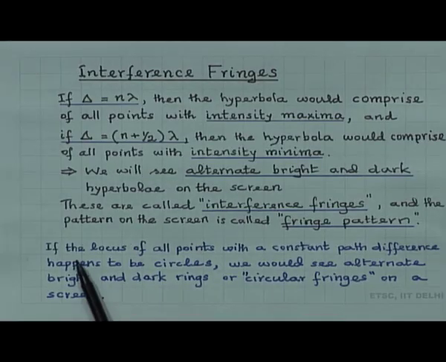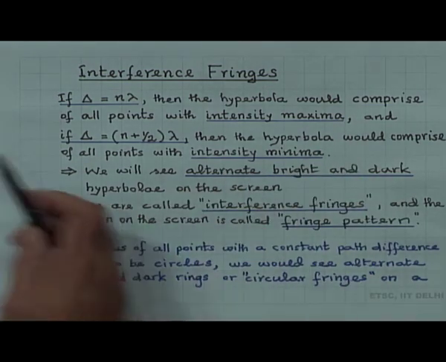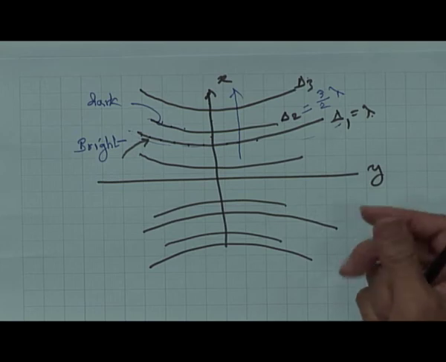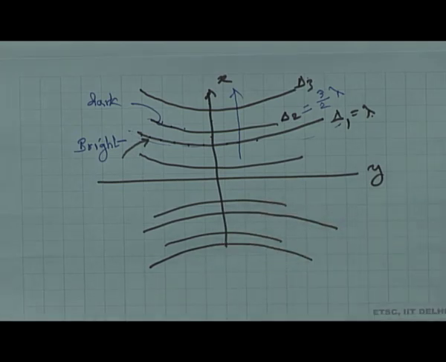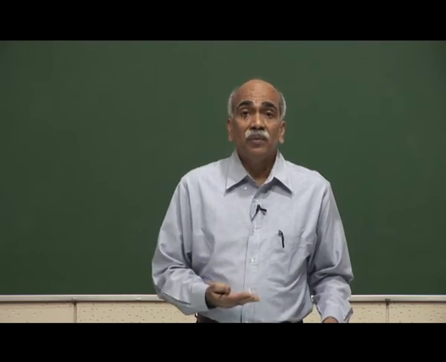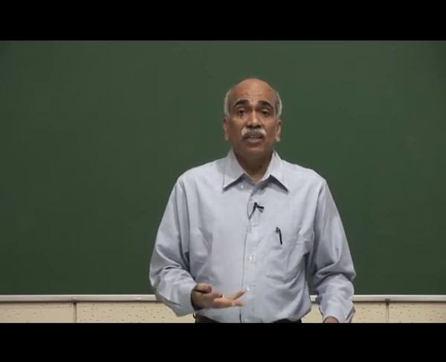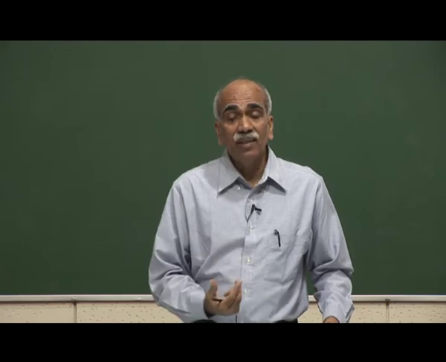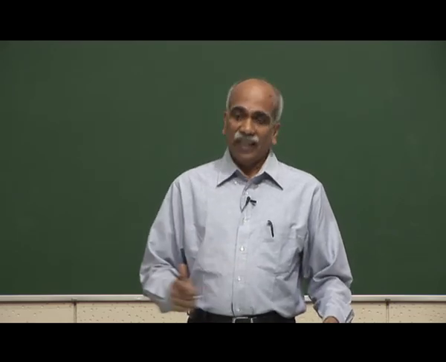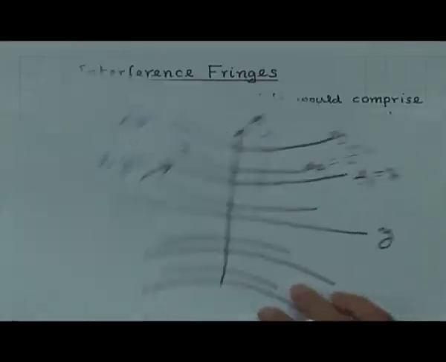Now, in the case I had discussed, the locus of all points with constant path difference happens to be hyperbolae. But in a particular setup, if the locus of all the points with a constant path difference happens to be circles, then we will get circular fringes, like this.